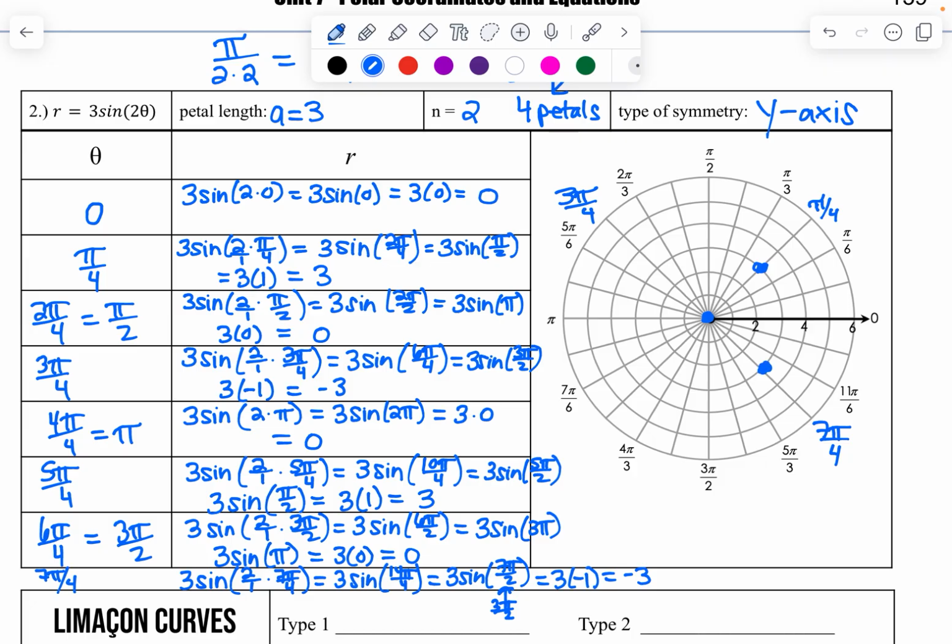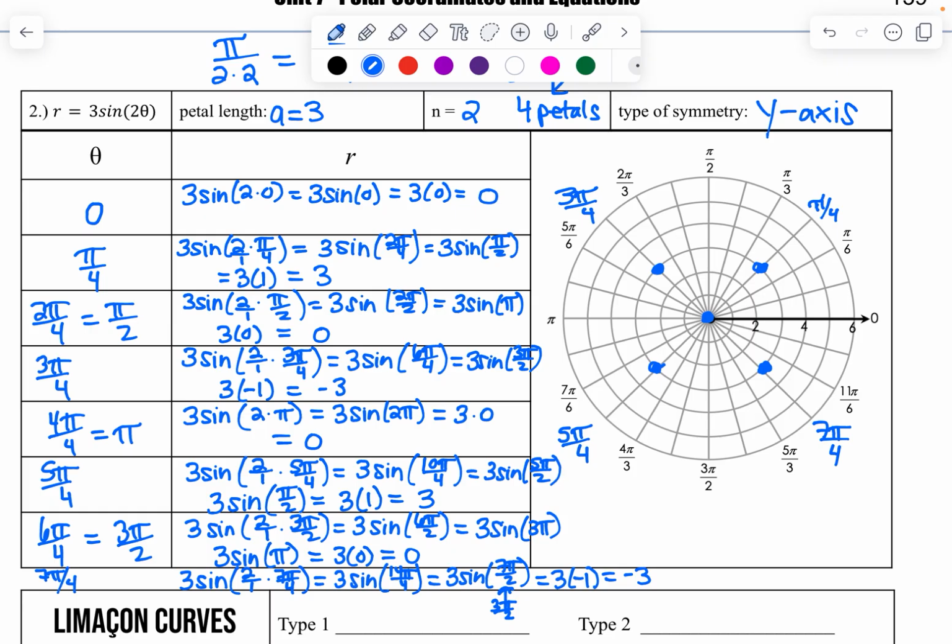Then we're back at 0 at 5 pi over 4, which is here. We are at 3. So 1, 2, 3. Then we're back at 0, and again at 7 pi over 4 we'll be at negative 3, so it's going to send it out to here. And so we just got to make sure we're back at 0 in the right amount of time.